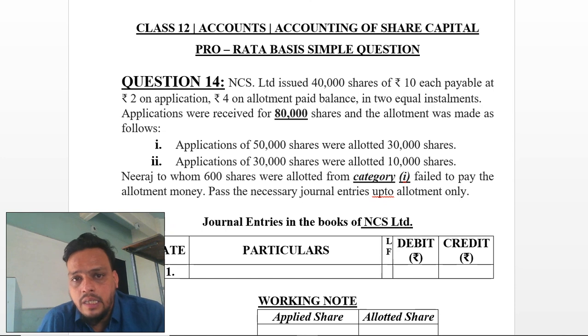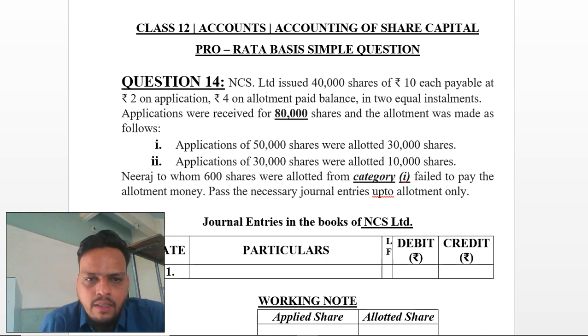The company has issued 40,000 shares of rupees 10 each, but on application they have received 2 rupees, on allotment 4 rupees, and they will demand two equal installments for the further process. Now, on application 80,000 shares have been applied for, and these are being allotted by the company by adjusting by the method known as pro rata.